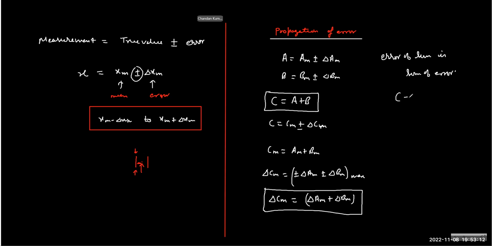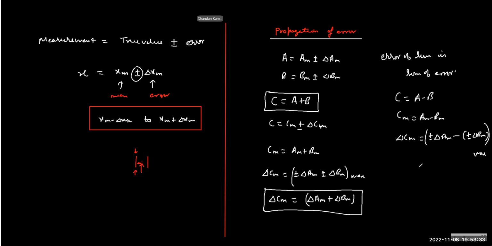What about the difference? Error is always the maximum positive value.